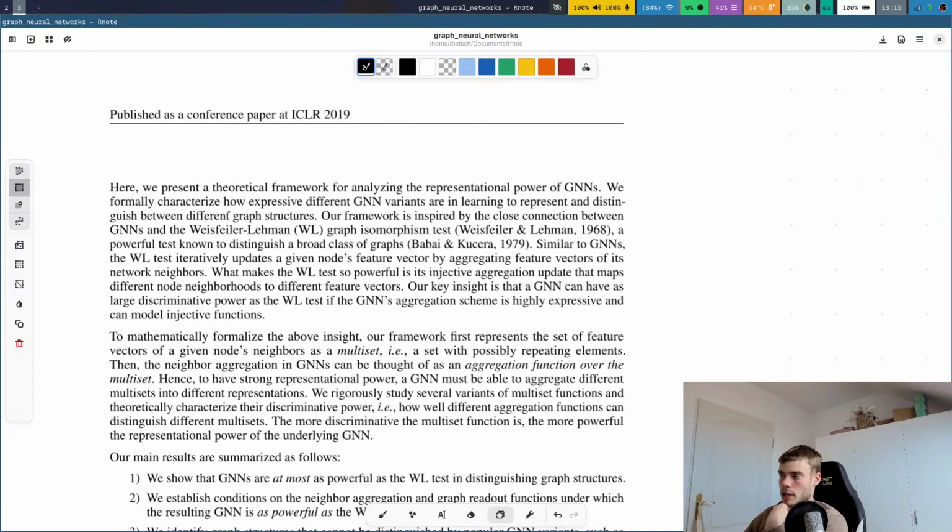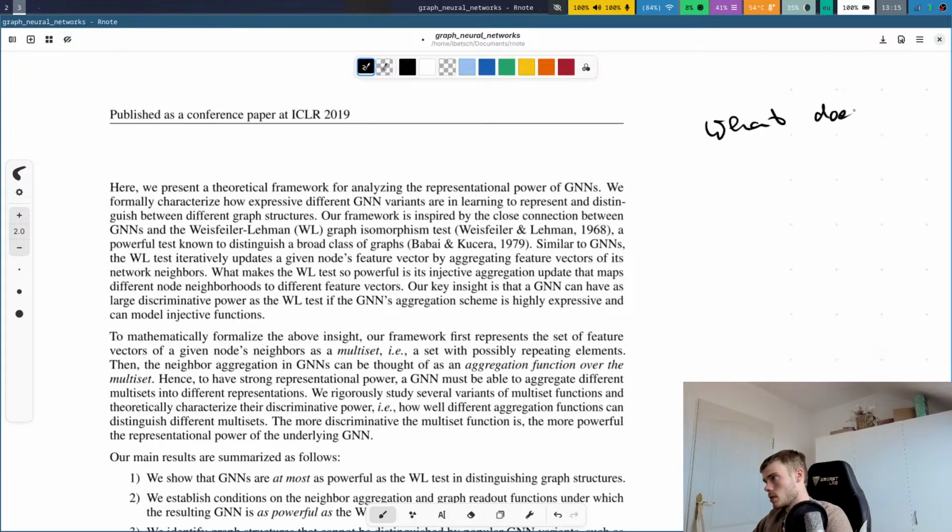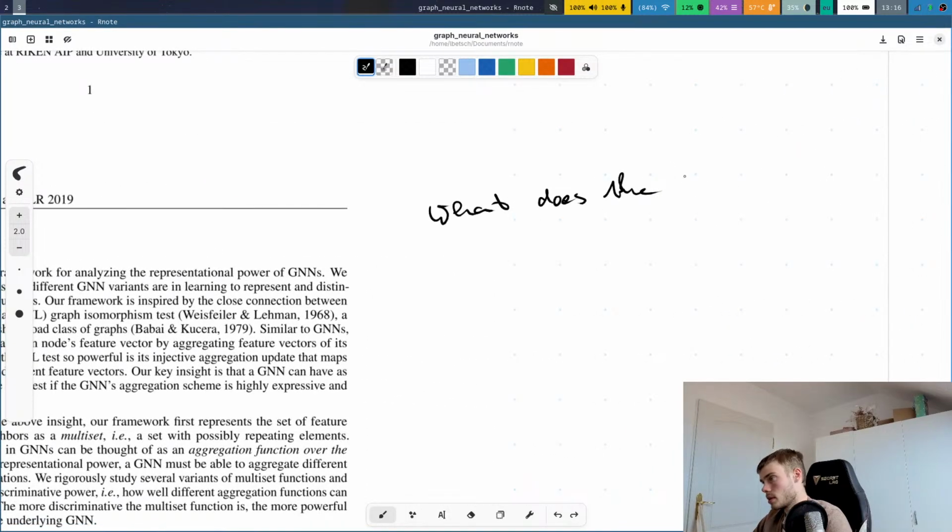Our framework is inspired by the close connection between GNNs and the Weisfeiler-Lehman graph isomorphism test. So this might be worth looking at. This is something I lack the background in, right? What is the graph isomorphism test?